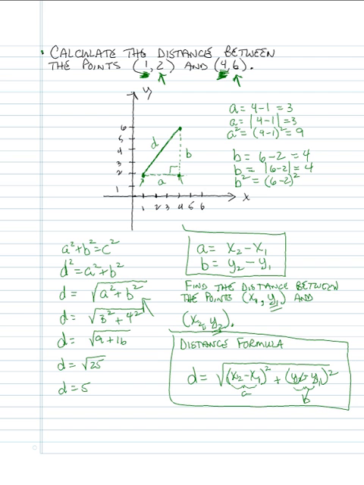Now, in our example just a moment ago, we got a whole number for the distance. Usually we don't have nice whole numbers as the distance between 2 points. So let's look at an example on the next page using the distance formula.